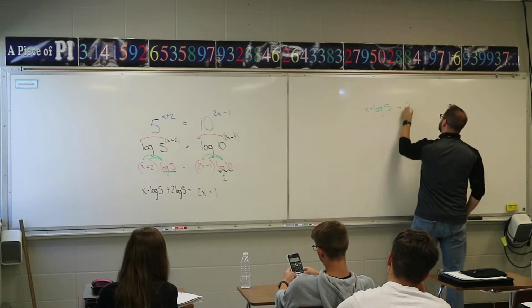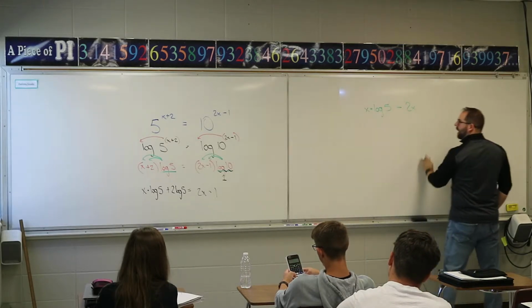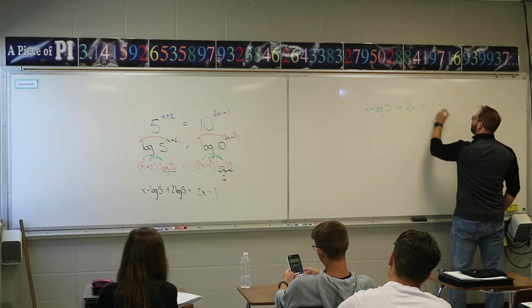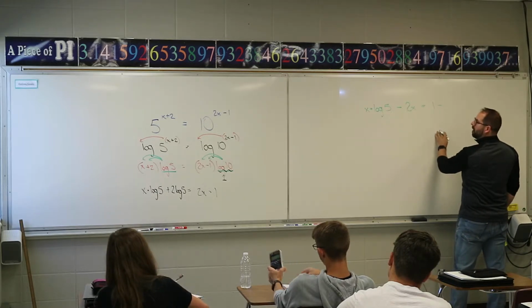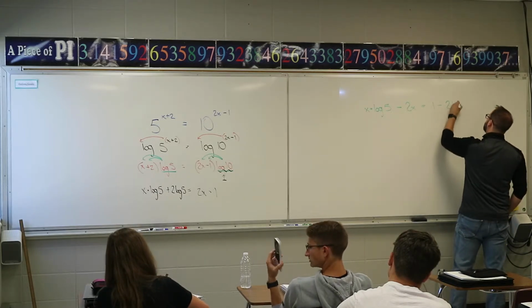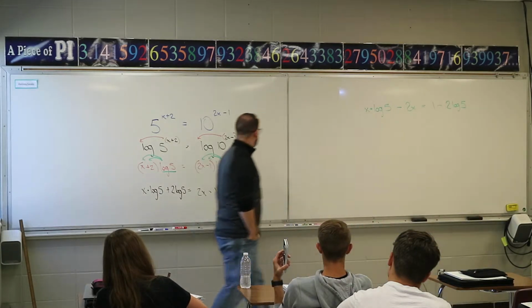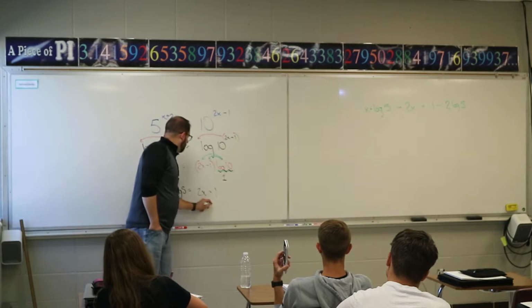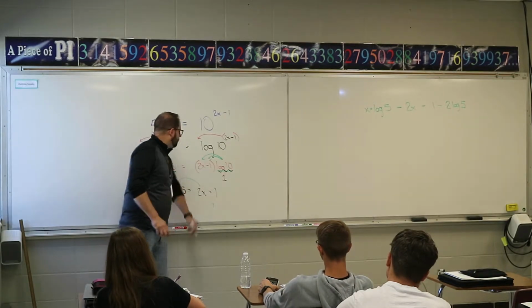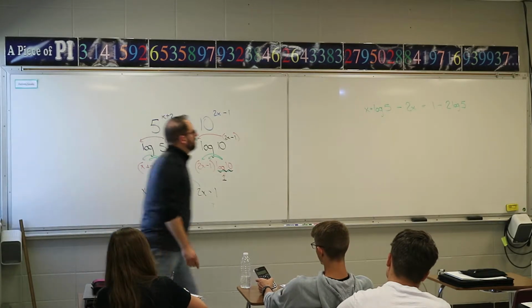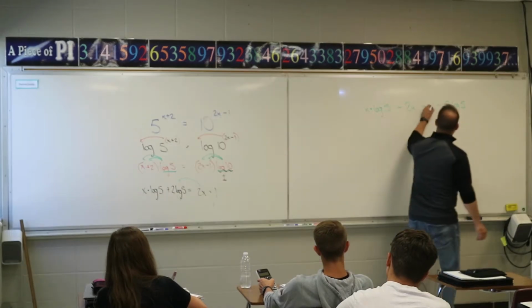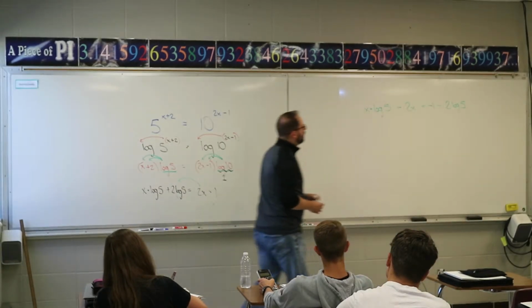I'm going to subtract the 2x across, and I'm going to subtract the 2 log 5 across. So that's bringing this 2 log 5 over and bringing this 2x over. That was a negative 1.